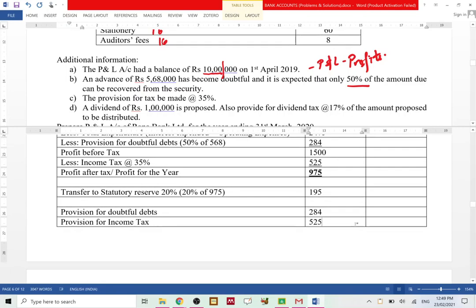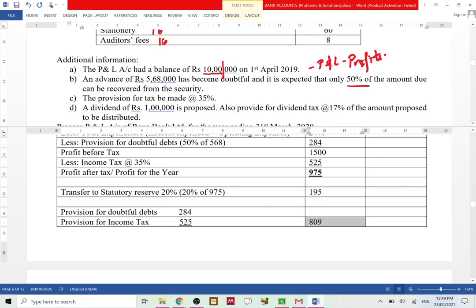The total of these two, if you add these up, I'll write them inside, 284 plus 525, and I'll write the total here. So total provisions and taxes, they come to 809. If you add up these two, they will come to 809.